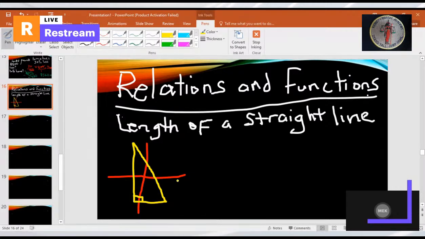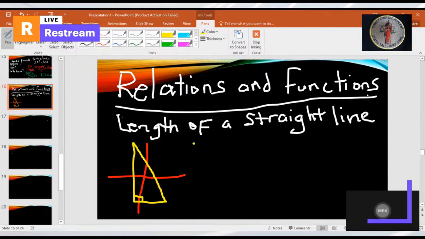And if you recall, when we're working with right angle triangles, this line here would represent the hypotenuse of the triangle. And the formula for finding the hypotenuse would be to square the two short sides, square each of them, add them, and find the square root. And this is actually what we are going to be doing to find the length of the line.